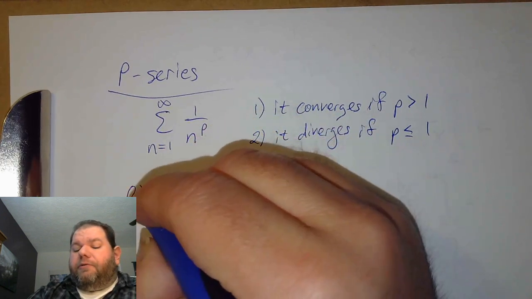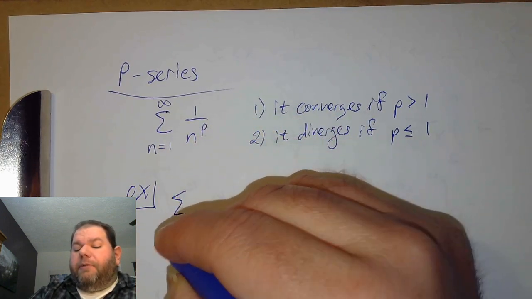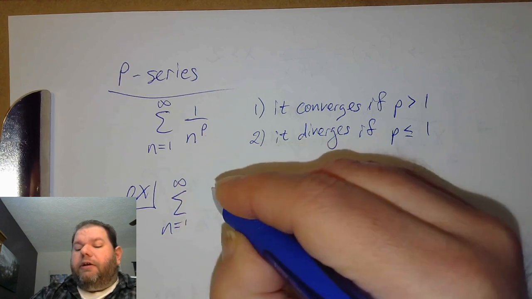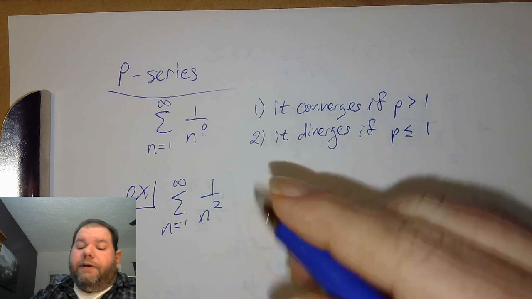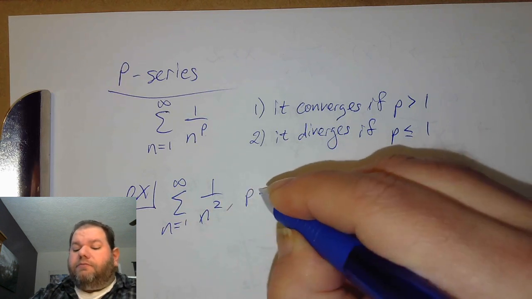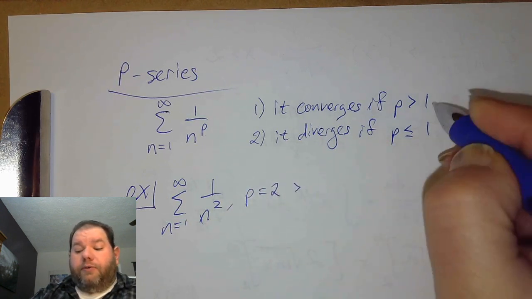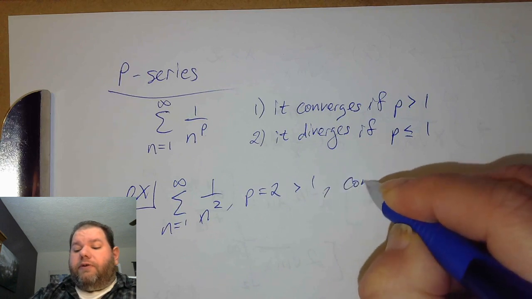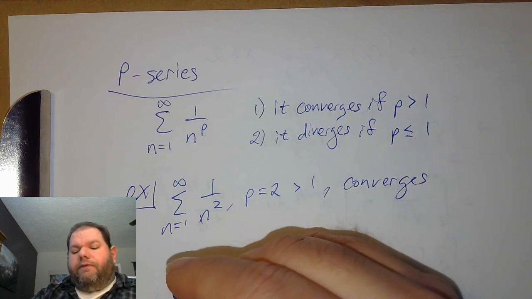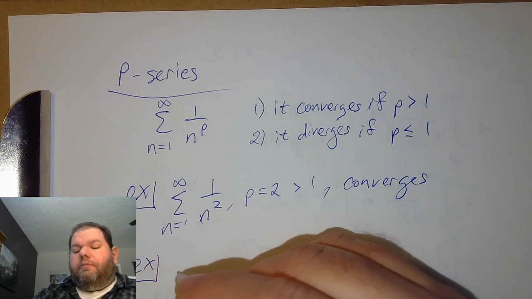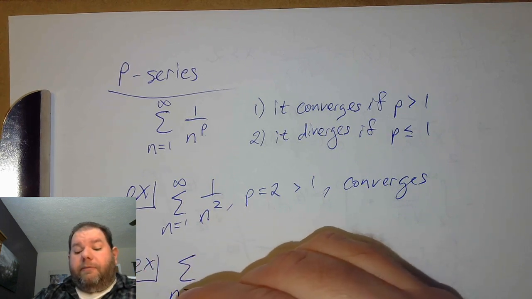So for example, if we have sum n equals 1 to infinity, 1 over n squared, in this case, p is equal to 2, which is greater than 1, so it converges. Now we want to be careful, because we can overthink it in some cases.